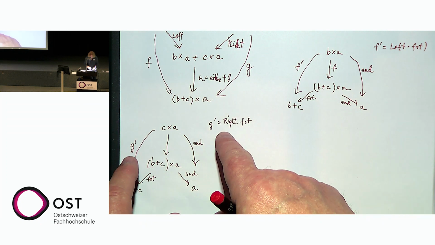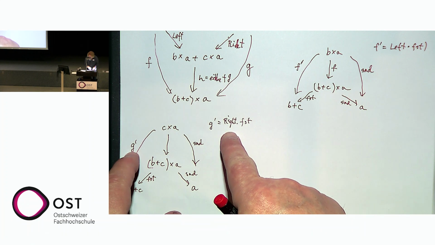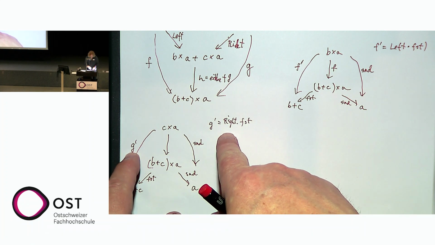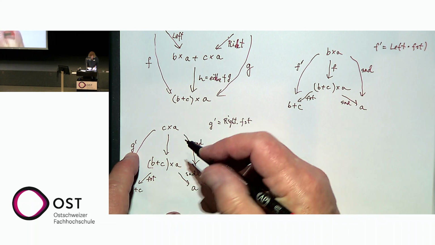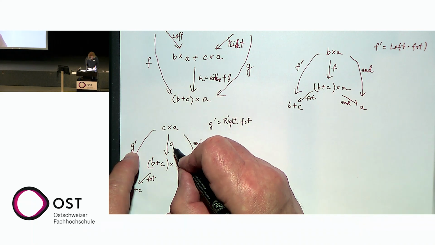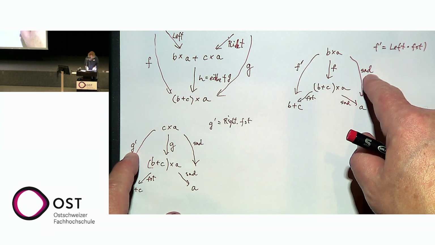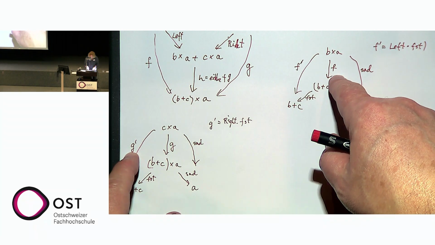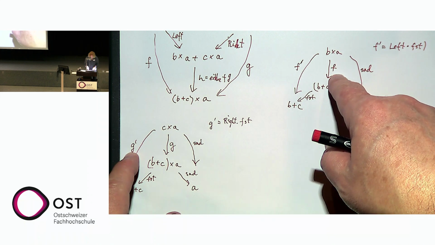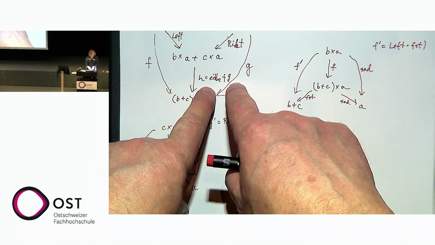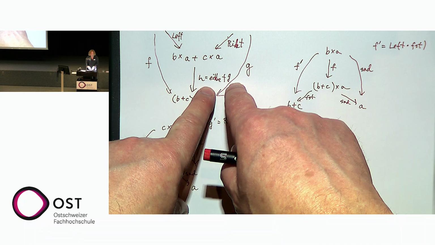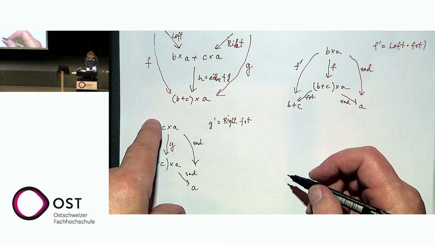So I have to combine G prime with second using triple ampersand to get my G. I have to combine F prime and second using triple ampersand to get F, and then I take F and G and I apply either to it. Okay? Piece of cake, right?